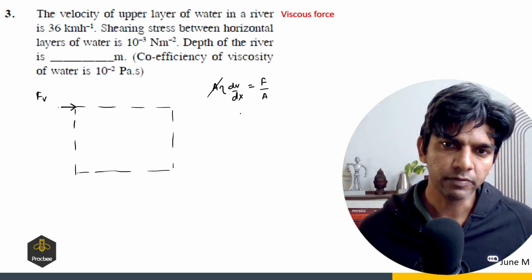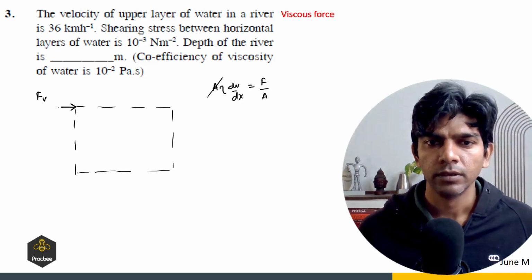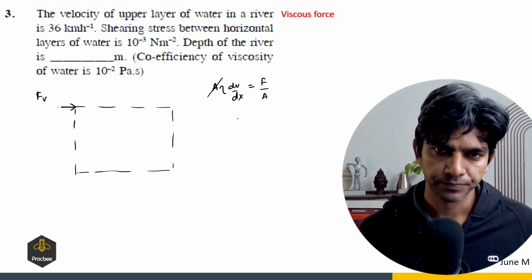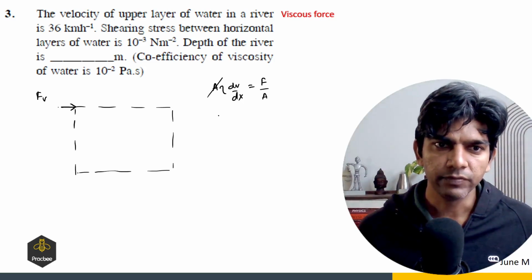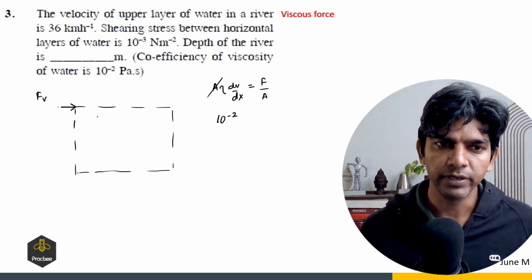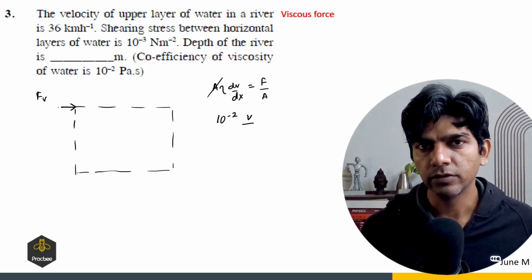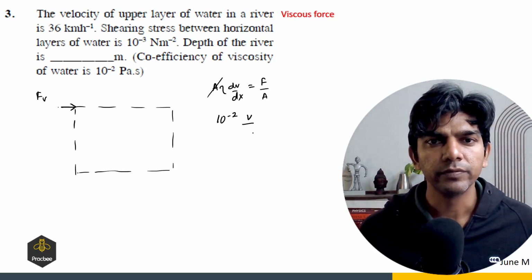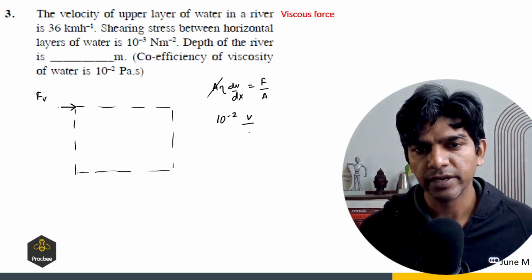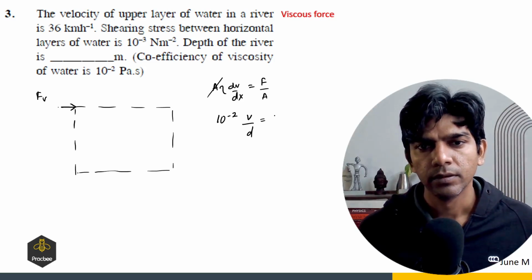So eta times dV by dx will be the shear stress. Eta is given as 10 raised to power minus 2, and dV by dx can be written as velocity of the topmost layer divided by the depth. And the depth here, we have to calculate. Let us say depth is d, and this will be stress.